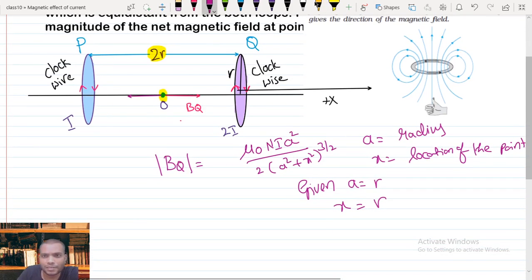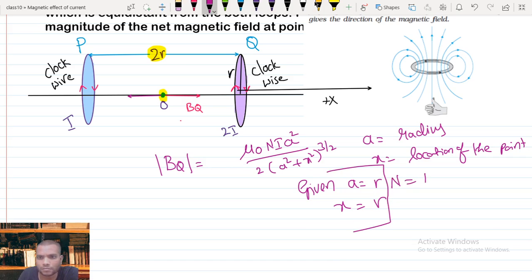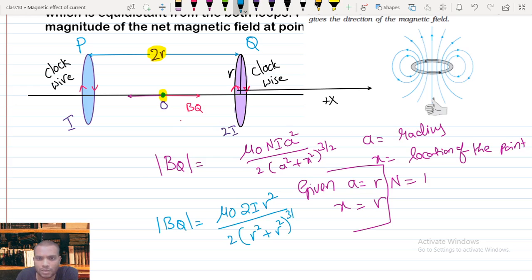They do not mention the number of turns n, so let n equal 1. So the magnitude of the magnetic field, modulus of BQ equals mu naught, in coil Q the current is 2I, so mu naught 2I times r square upon 2 times r square plus r square whole power 3 by 2.